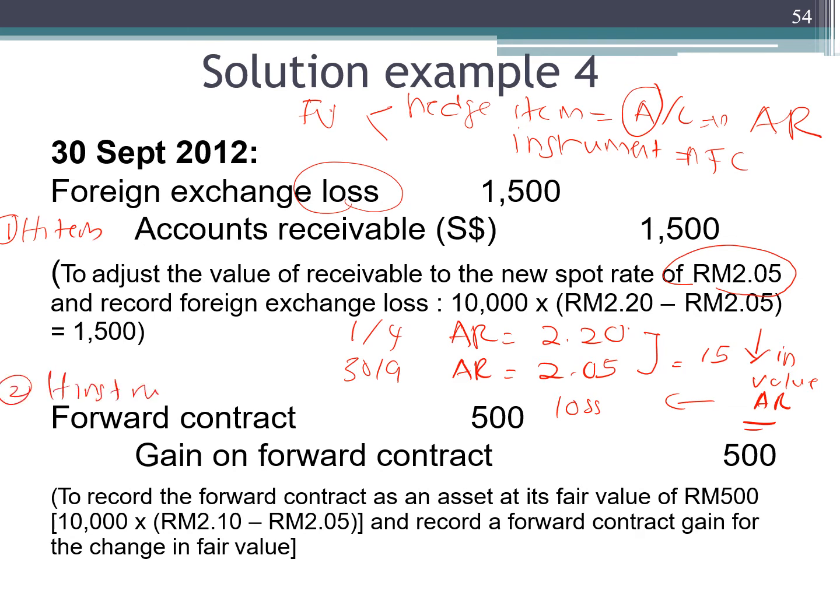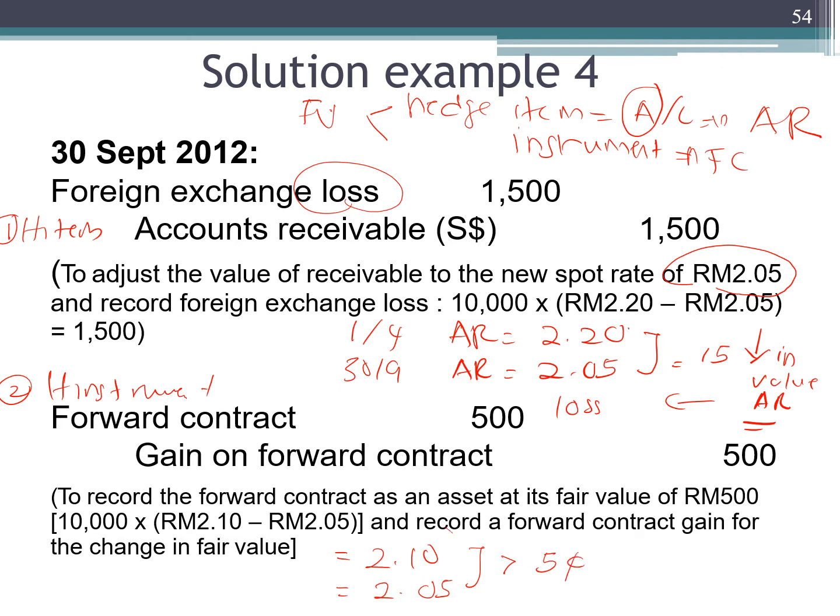The hedging instrument that we have here is a forward contract. When you enter the forward contract, you said that you are going to receive RM2.10 for your accounts receivable, but now the value of your accounts receivable is 2.05, so you are going to receive more, by 5 cents.